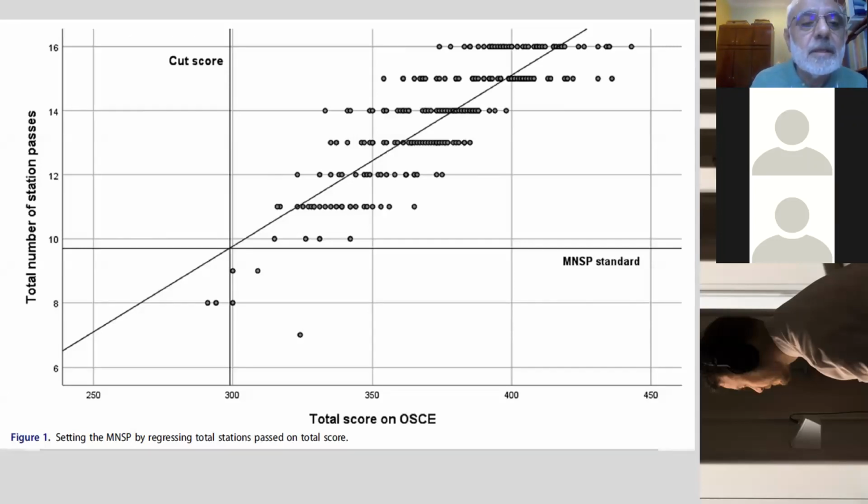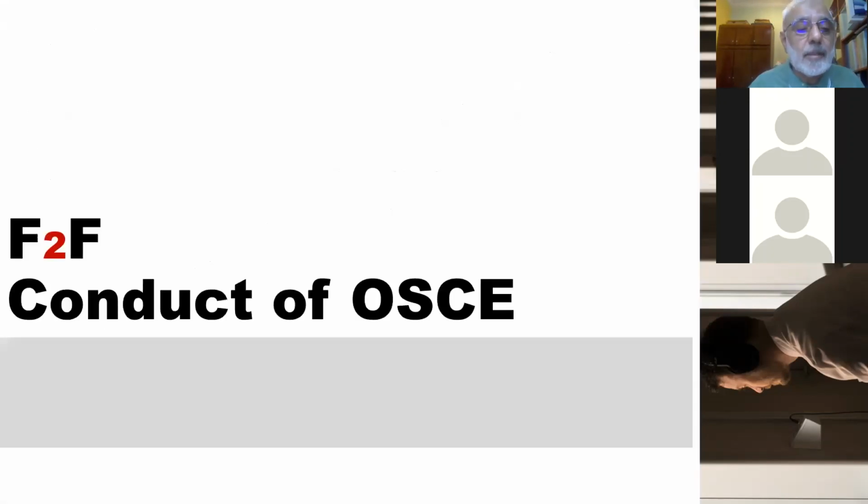Let's say your cutoff score is 300, out of maybe 600 or 450, and then you find the number of students who have passed at a number of stations on this point. That can be used as one method. So these are different suggestions, but none of them is really a final recommendation. We will come to our own conclusion towards the end of this presentation.